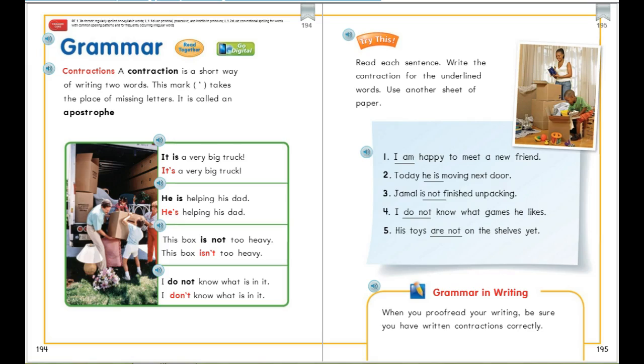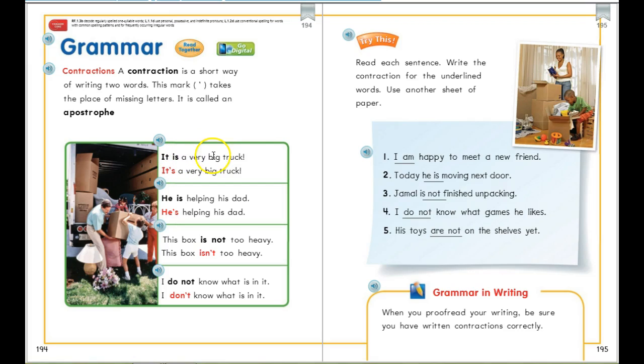Let's continue to talk about contractions by turning in your student book to page 194. A contraction is a short way of writing 2 words. This mark, that we know is called an apostrophe, takes the place of missing letters. They gave us some examples using the 2 words, and then they gave us that same sentence with an apostrophe word, just writing it the short way.